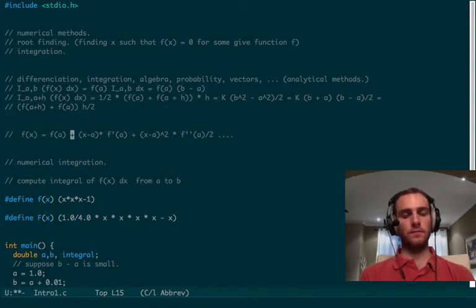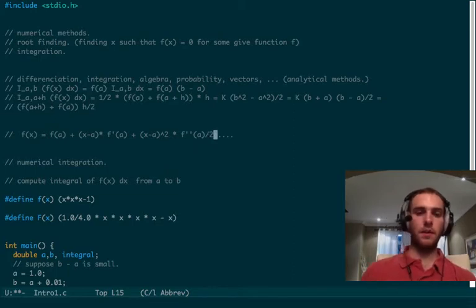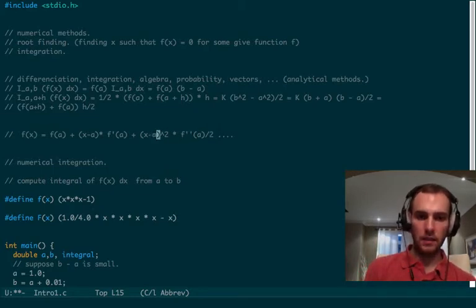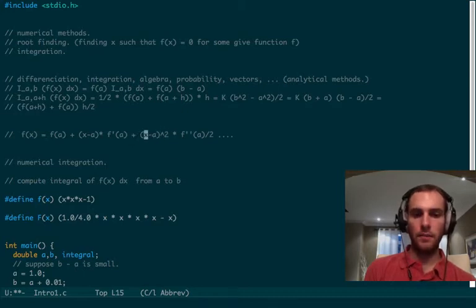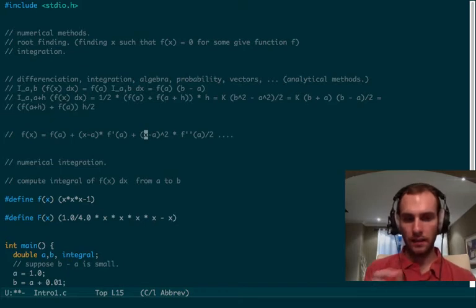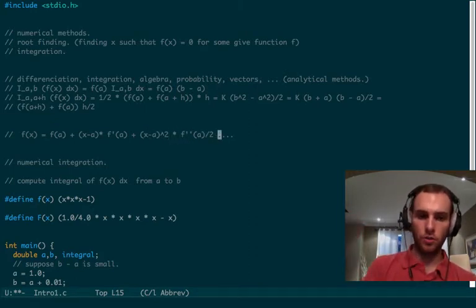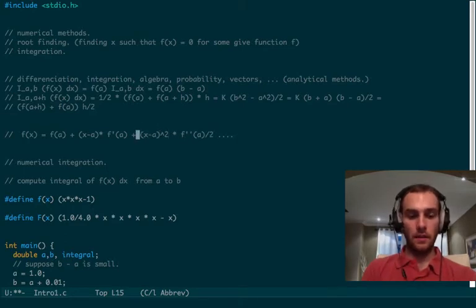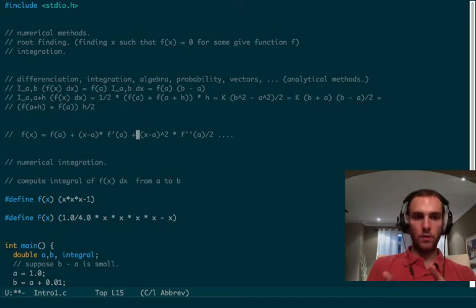And so the idea is that however many terms you stop at, all the other terms depend on the distance from a to a certain power. So if you stop here, all of the terms depend on the distance between x and a, at least to the power of a square. If you stop after this term, it's going to be to the power of a cube. And when you make the interval small, you're making the distance between x and a small.